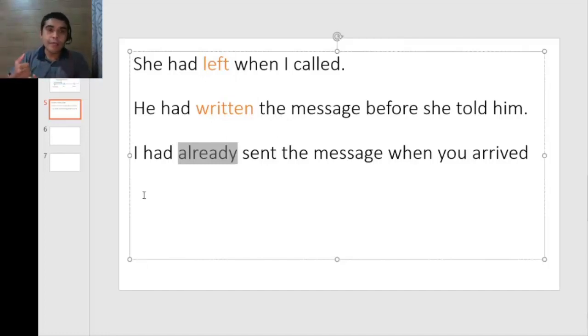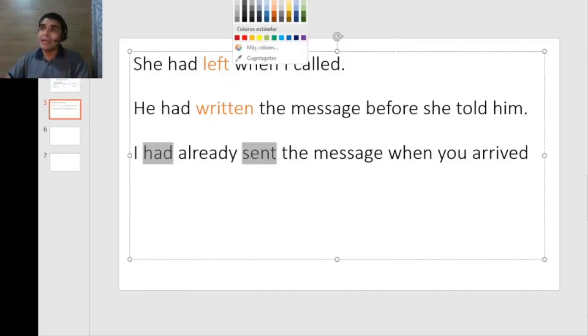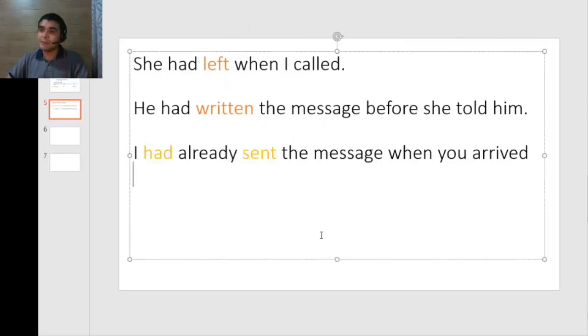Remember, already, yet, also, since and for. These are time expressions that are usually used in perfect tenses. That's the reason why I am using already. I had already sent. Again, past participle. If you notice, I am using exactly the same structures. The only thing is just to remember when I have to use them.